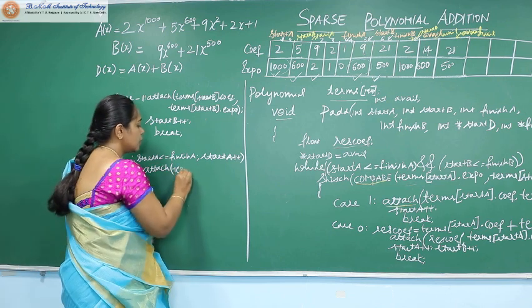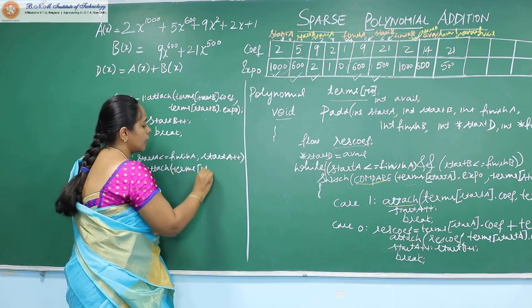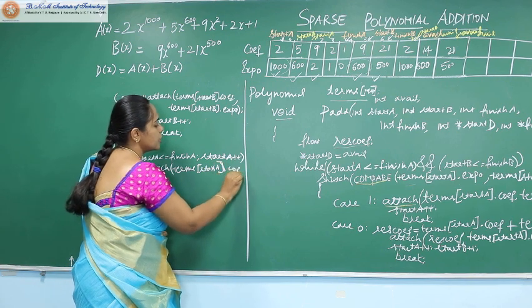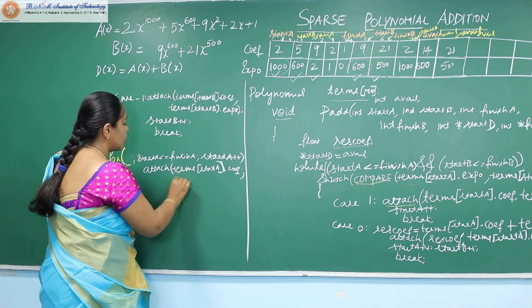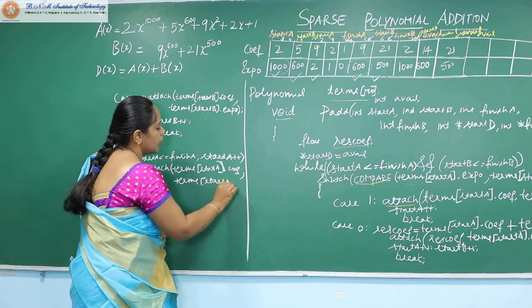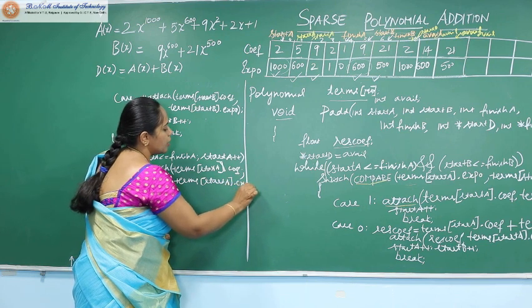So terms of start A dot coefficient is our first parameter, and similarly terms of start A dot exponent is our second parameter.